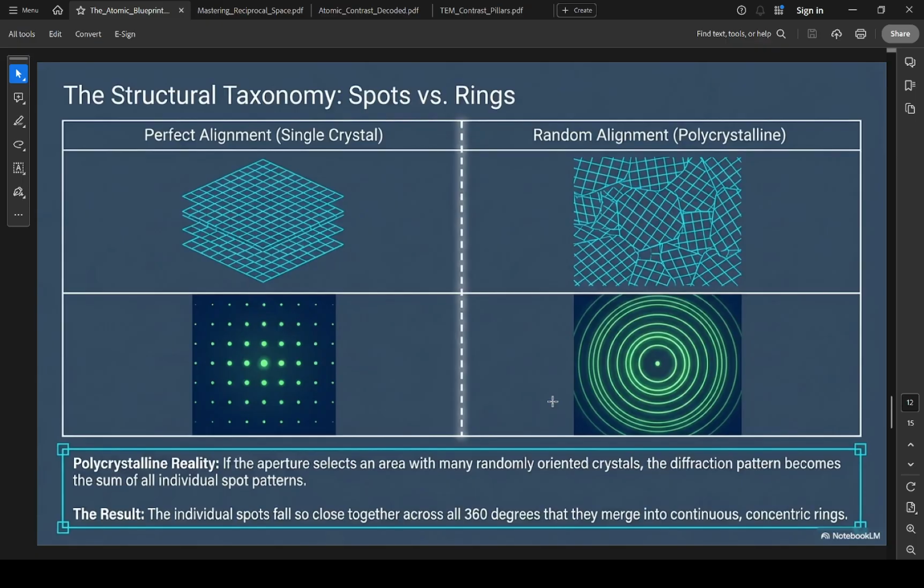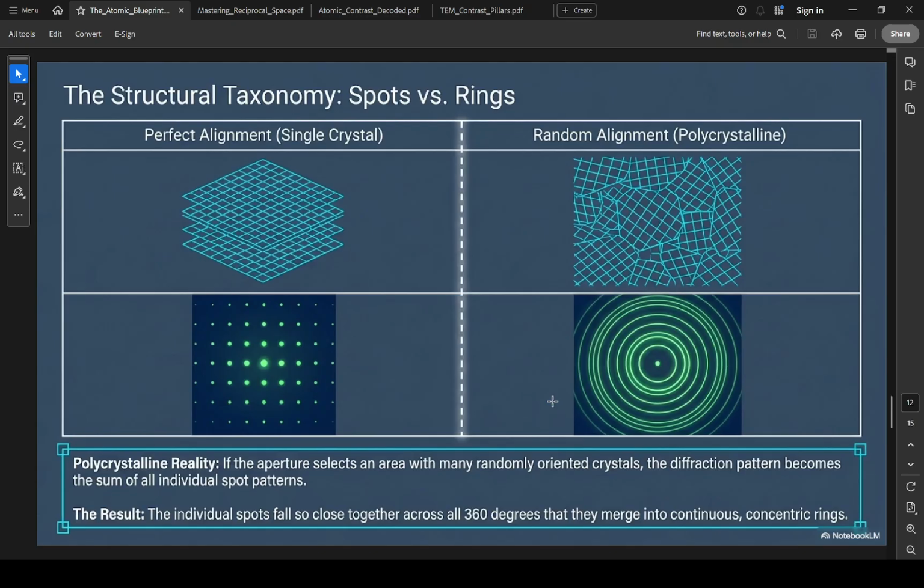And now what happens if we have a single crystal or polycrystalline structure? In single crystals, each lattice point in the reciprocal lattice will be at a defined position, so we will get perfectly aligned spots.